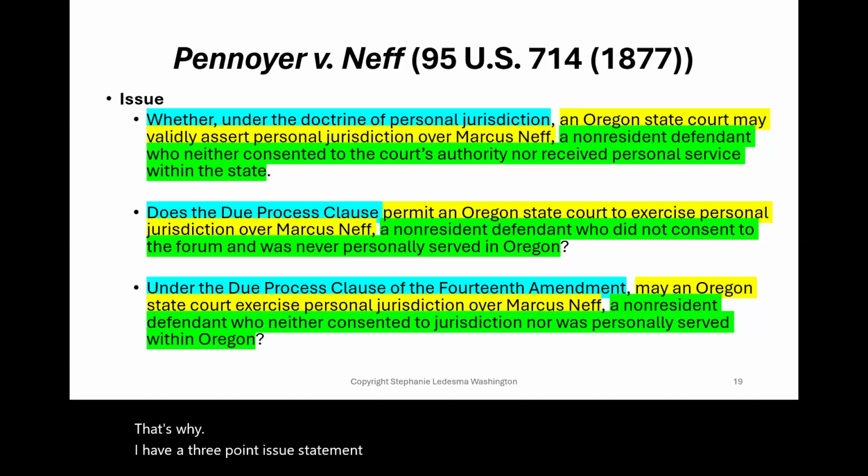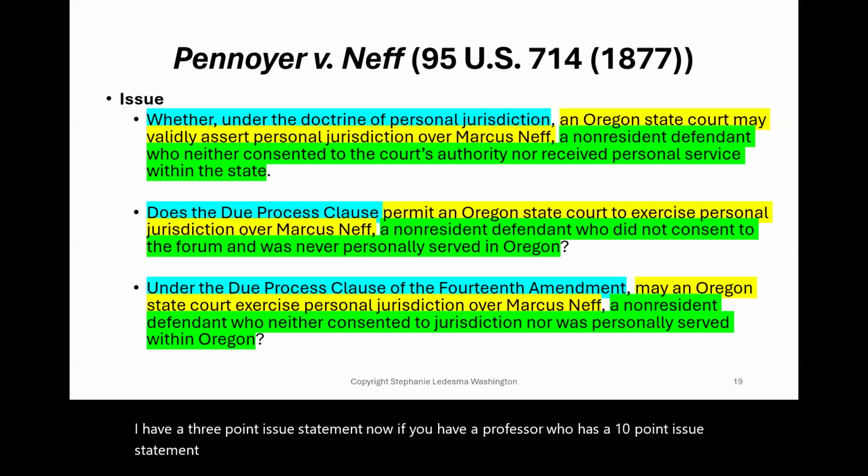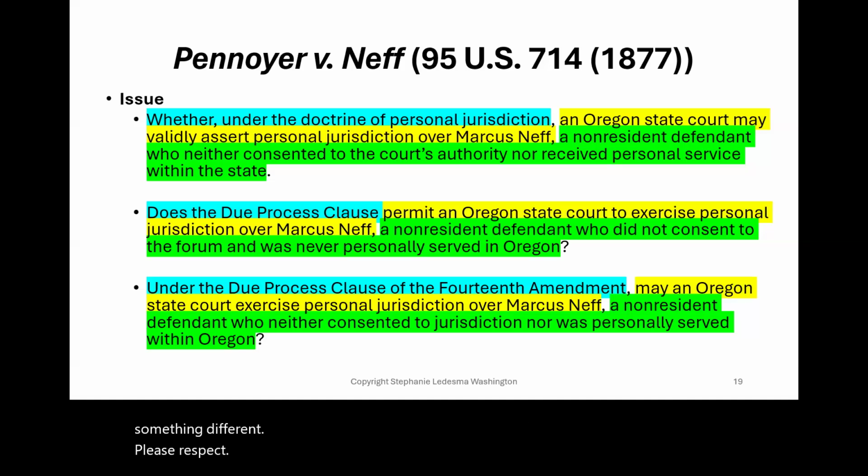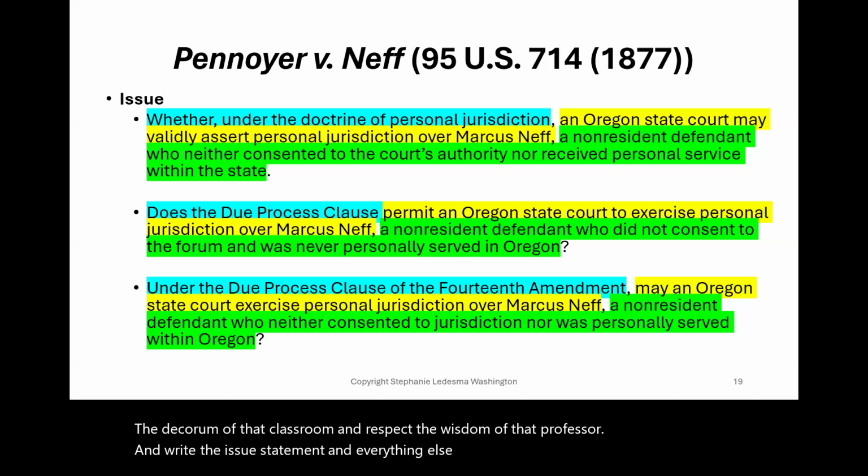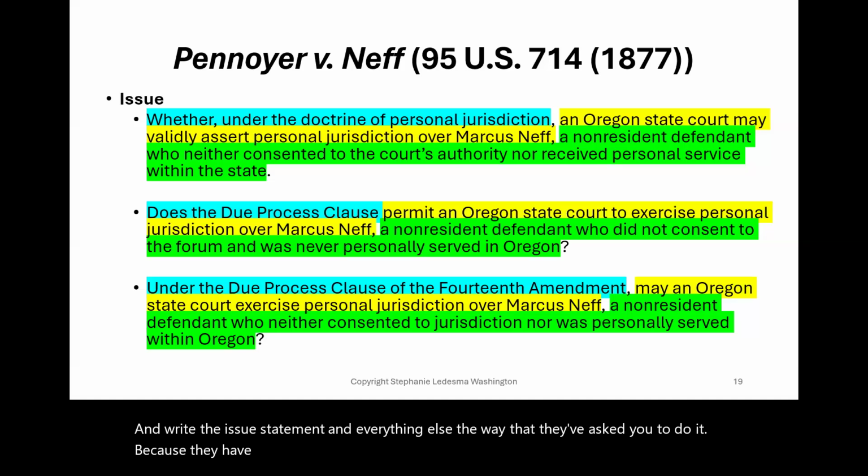Now, if you have a professor who has a 10-point issue statement, or if you have a professor who prefers the organization of CRAC or CURPAC or something different, please respect the decorum of that classroom and respect the wisdom of that professor and write the issue statement and everything else the way that they've asked you to do it, because they have an intentional desire to teach you something.